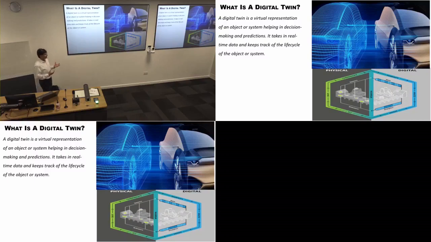So any physical system that has sensors attached, or that has to some extent the ability to learn or generate data, we would say is a cyber-physical system. And the digital twin is to some extent a virtual representation, or in other words, a replica of a cyber-physical system.